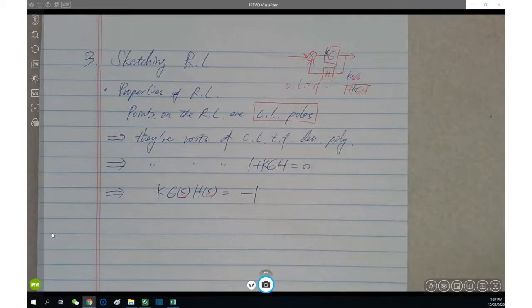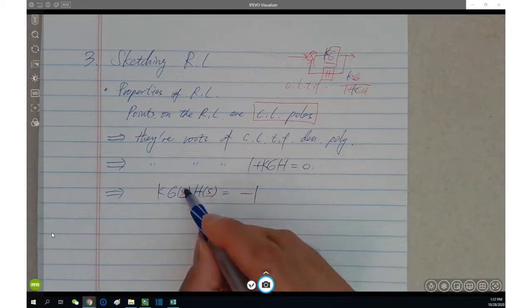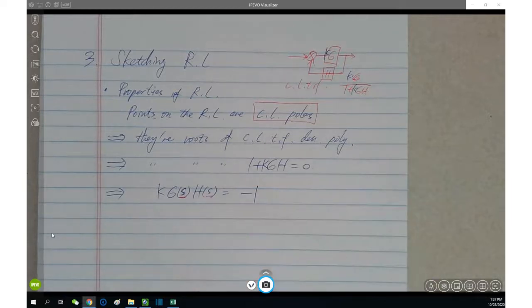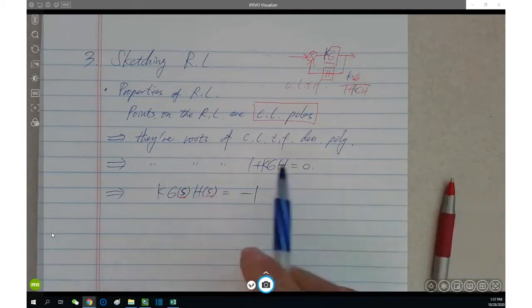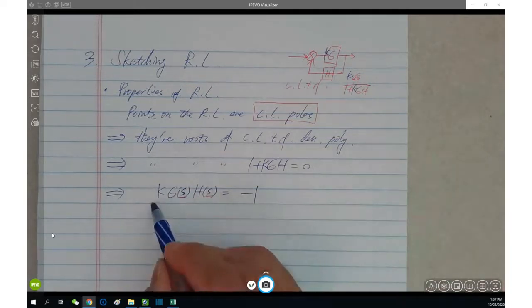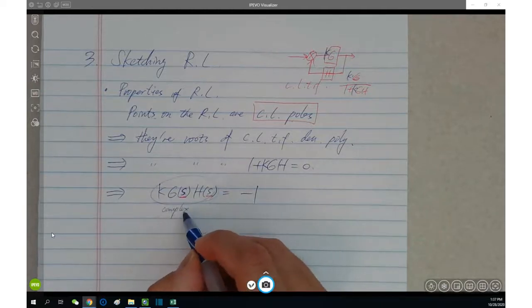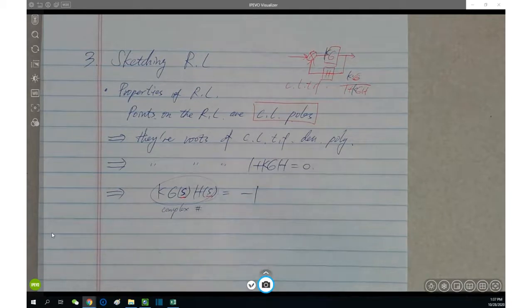Here, let's assume S is a complex number, because in the root locus, obviously, it could be a real number, it could be an imaginary number, it could be a complex number, which is more common, right? So if S is a complex number, the entire thing is a complex number as well, right? Does it make sense?